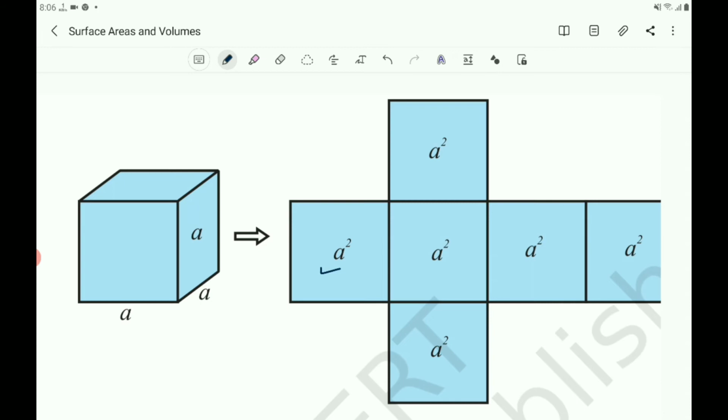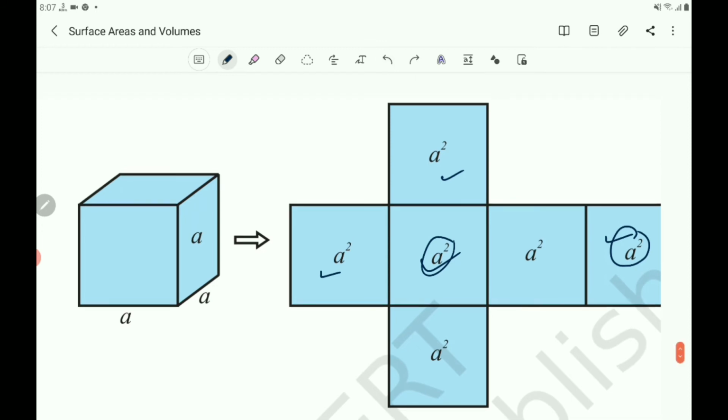Cube is also having 6 faces, and then the total surface area of the cube is nothing but 6A square. And what is its lateral surface area? You leave the bottom and the upper base, then it becomes 4A square, the sum of the areas of the 4 square surfaces. So you can say that total surface area of the cube is 6A square and lateral surface area of the cube is 4A square.